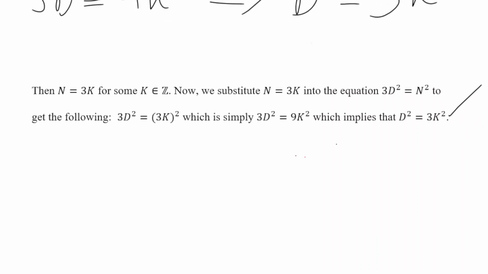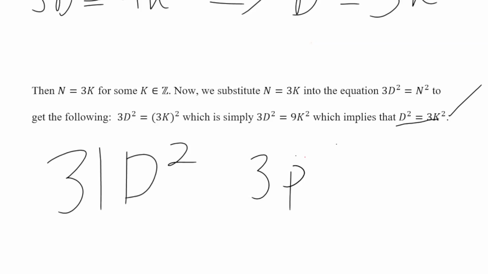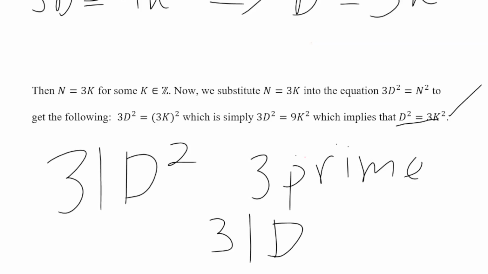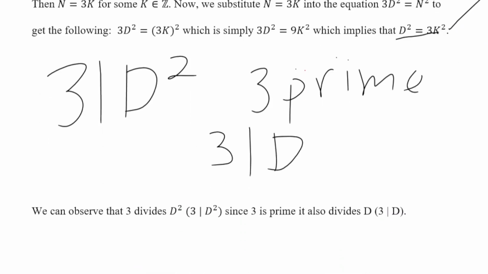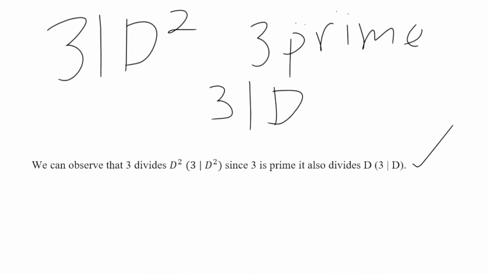We take a second to note again that 3 divides d squared. And we also know that 3 is prime, since we mentioned it before, which also means that 3 divides d. And here is the explanation.